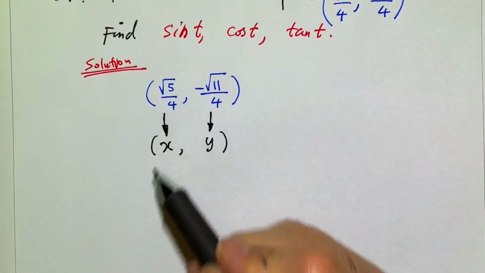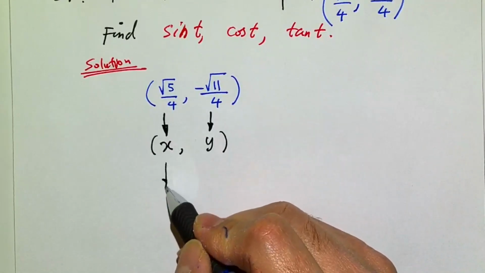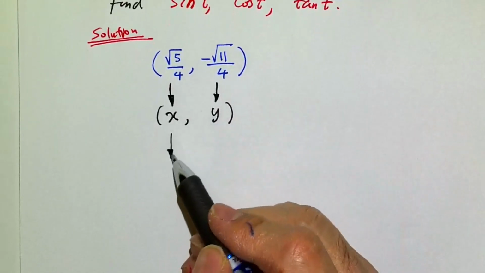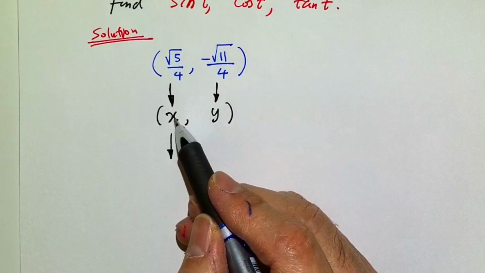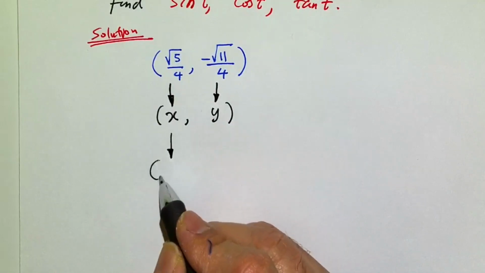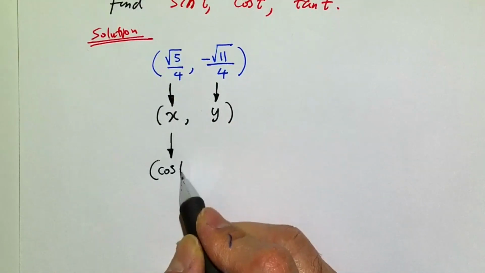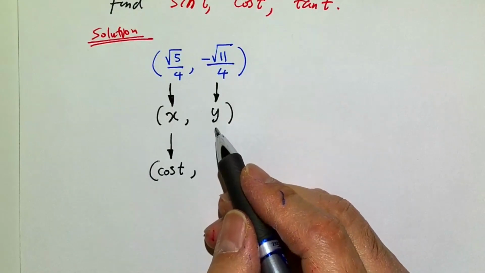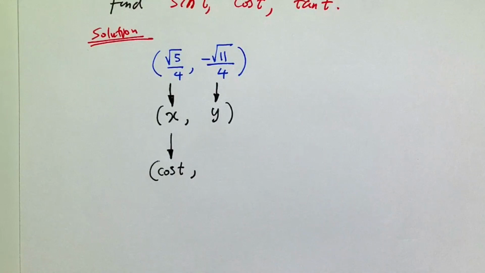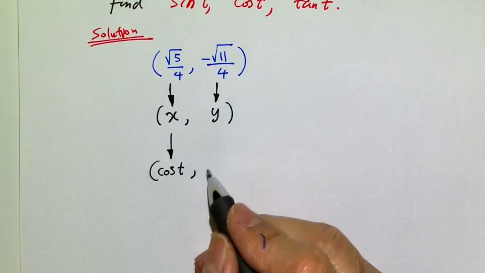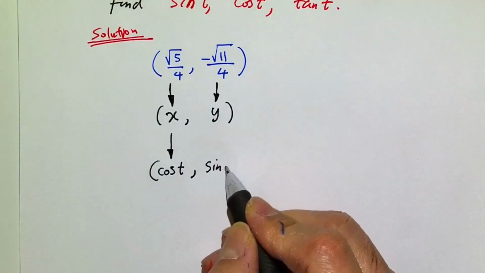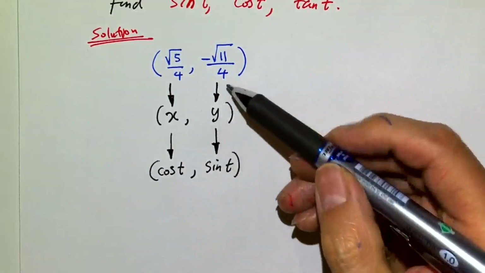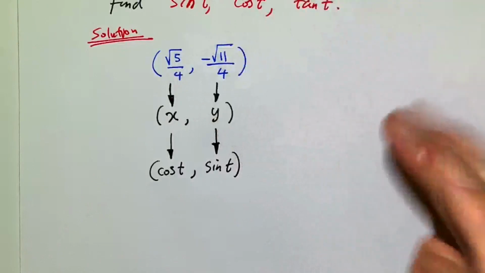And in trigonometry, x is represented along the cosine, or the cosine is represented along the x-axis. So we have cosine of t, comma, and sine is represented by the y-axis, so we have sine of t here. These are the terminal point.